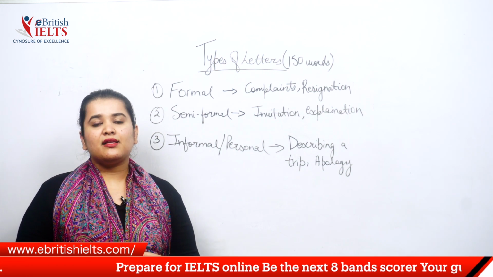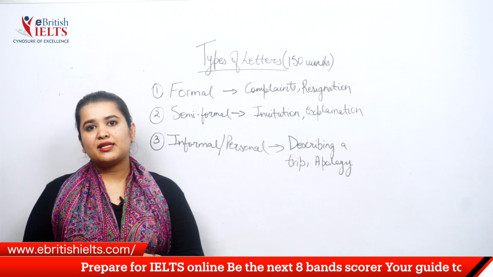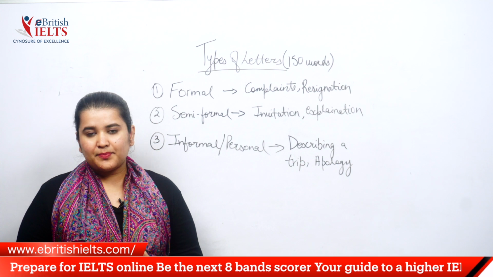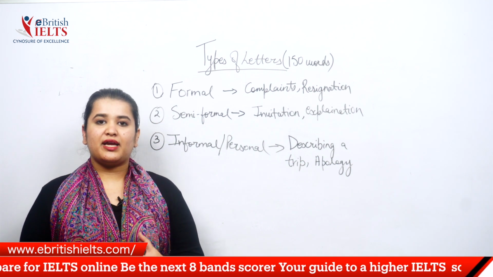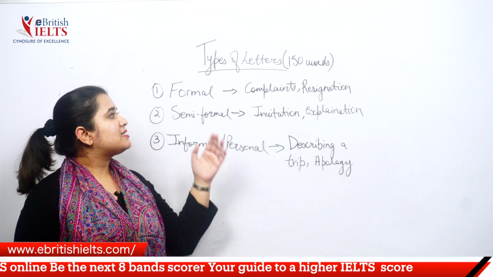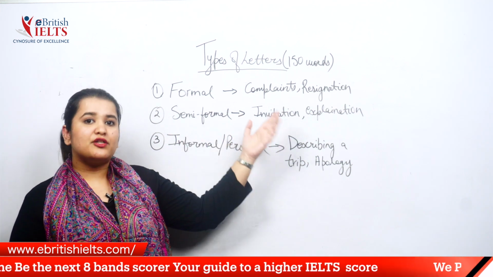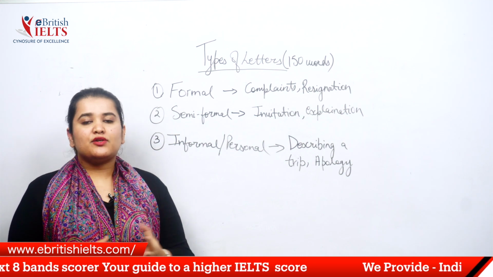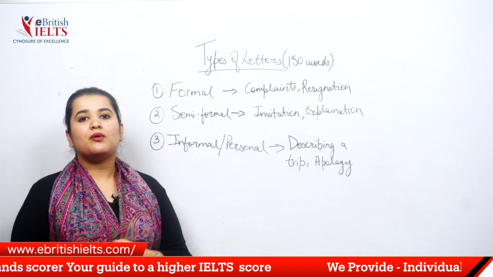Try to maintain the formal tone throughout your letter. Do not be casual or informal at any point of time. Your tone and the way of your writing should be extremely polite. Examples of this letter are complaints, a letter of resignation, a job application. All these are formal letters.